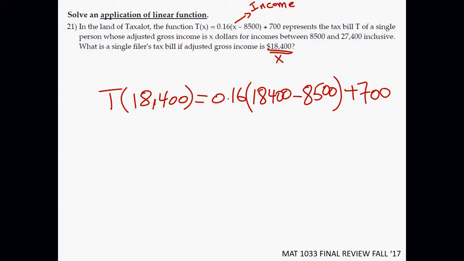And if we use 18,400 minus 8,500, that would be 9,900, times 0.16, that would be 1,584, plus 700.